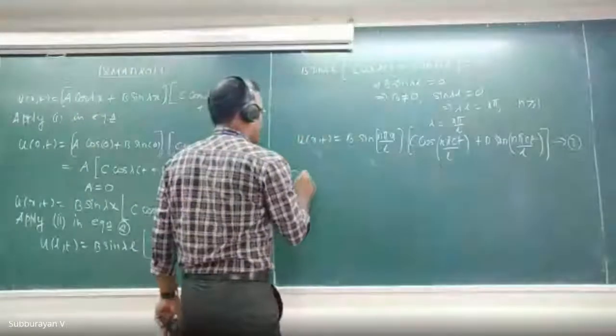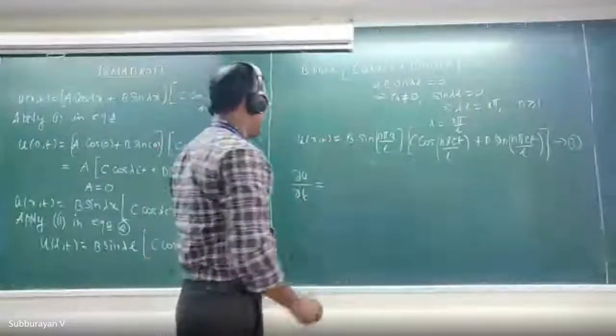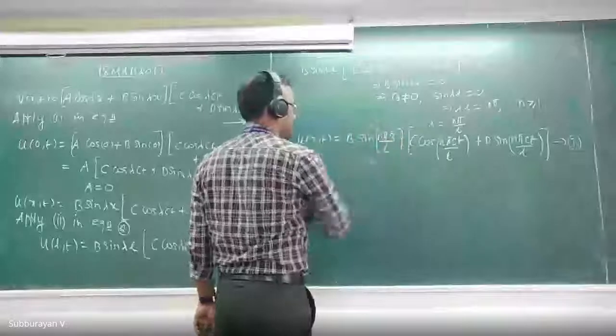That is dou u by dou t equal to what? We are going to differentiate this partially with respect to t, therefore we keep this as a constant.